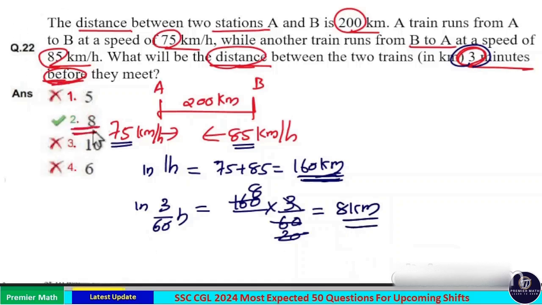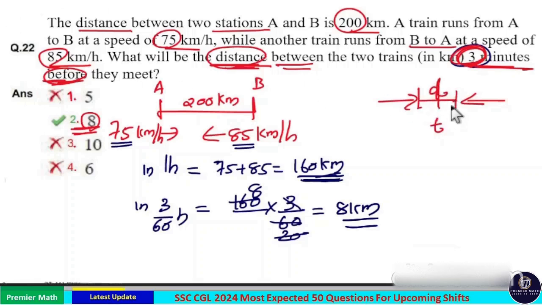3 minutes before they meet, the distance between these two is 8 kilometer. If you have doubt, look at this: two trains travel in opposite directions and in T time they will meet each other. Now we have to find the distance between these two trains 3 minutes before they meet.